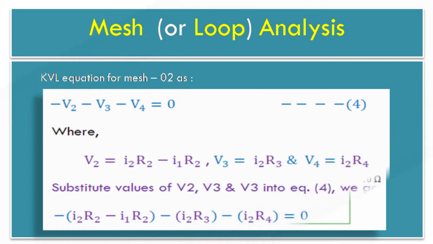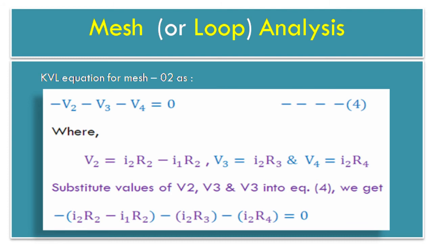Write the KVL equation for mesh 2 as minus V2 minus V3 minus V4 is equal to 0, represented by equation 4, where voltage V2 is equal to I2 into R2 minus I1 into R2. Voltage V3 is equal to I2 into R3 and voltage V4 is equal to I2 into R4.